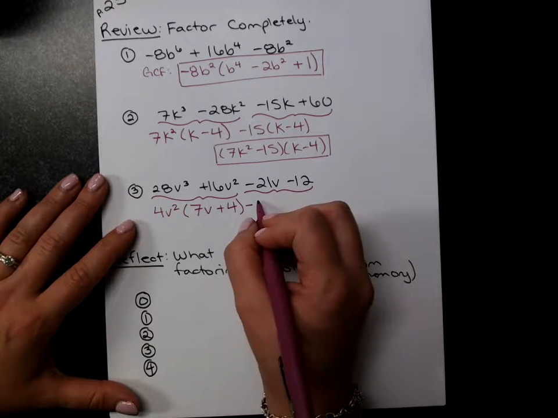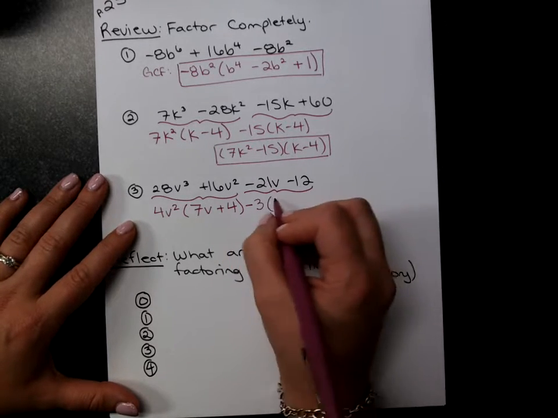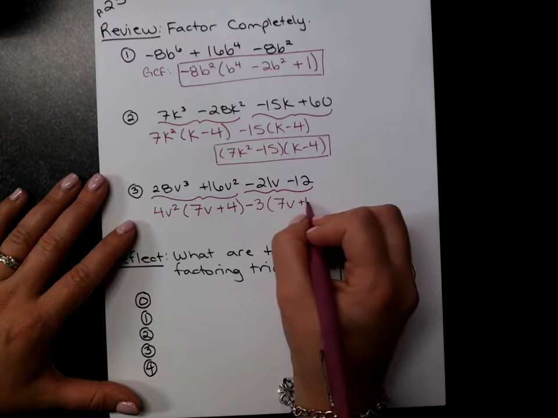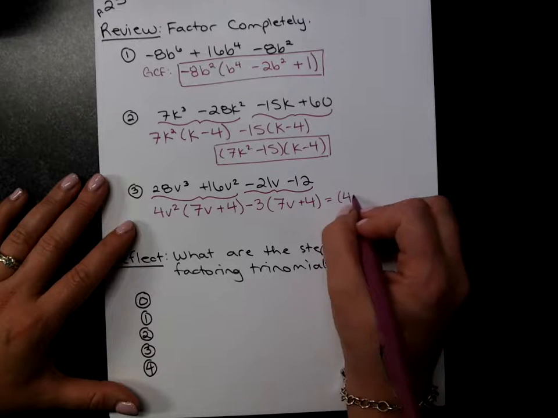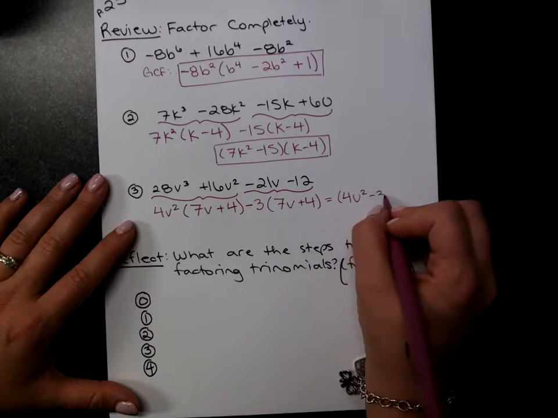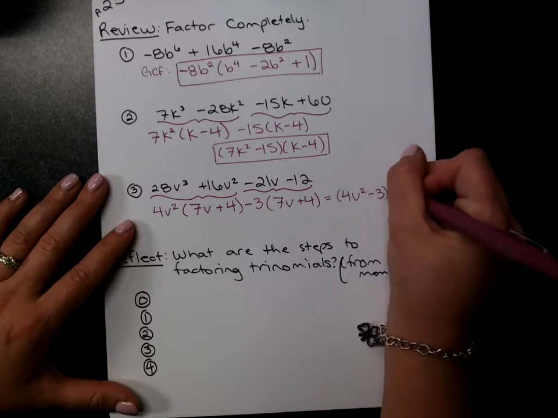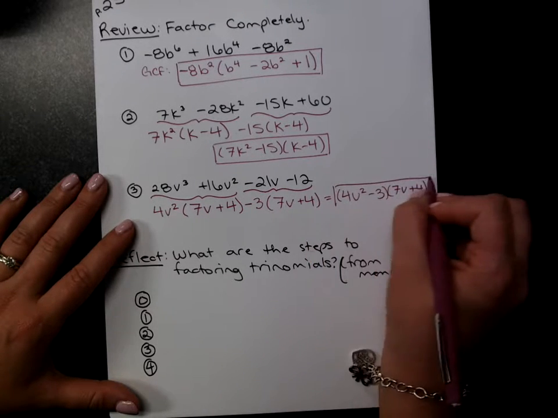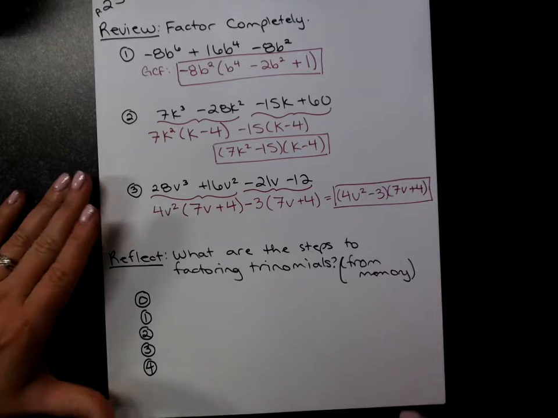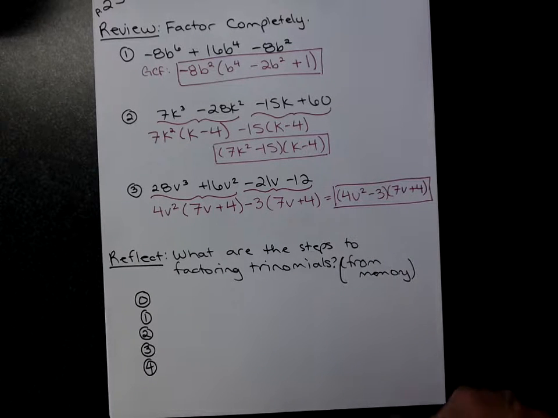Between 21 and 12, they have a 3 in common. That also leaves 7v plus 4. For a final factored form of 4v squared minus 3 and 7v plus 4. Back-to-back binomials. So when you have 4 terms, you factor by grouping, just like we practiced.